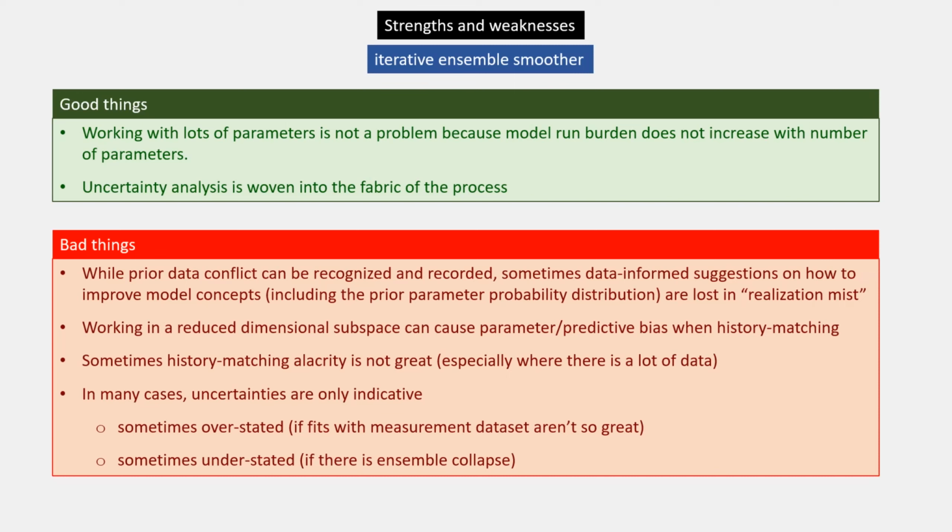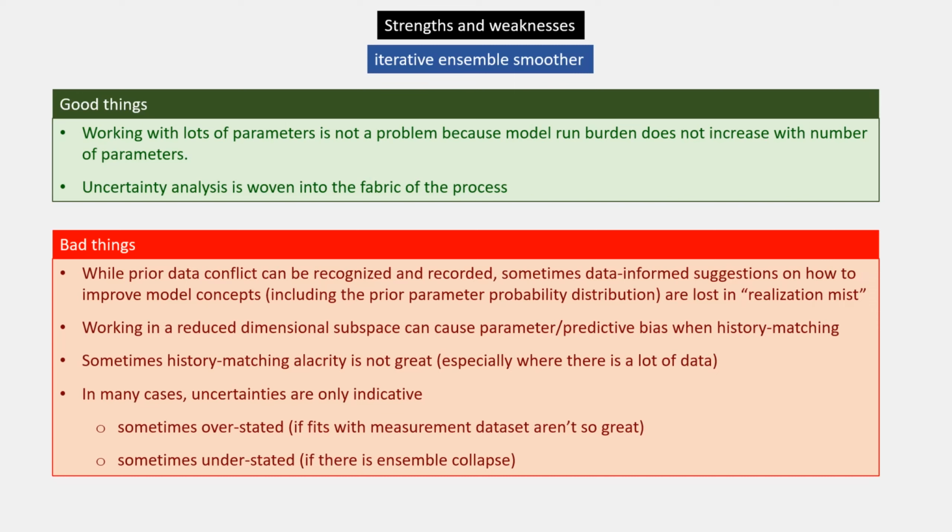Also, as soon as we're working in a reduced dimensional subspace, there is a possibility of parameter and predictive bias. The more realisations we use, the less is that chance, but this is something we've always got to be careful of.